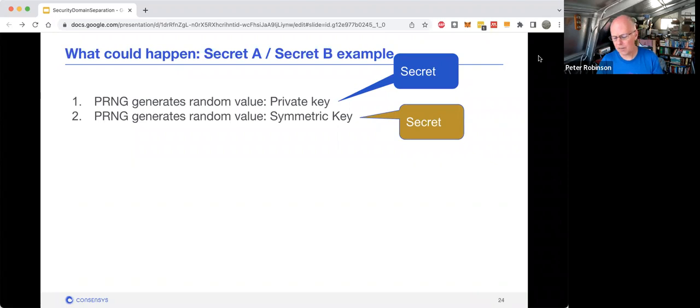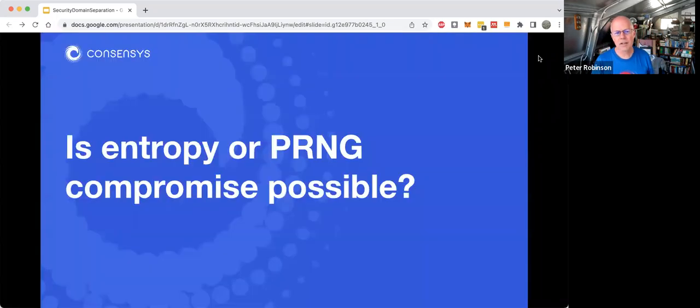If they know there's some symmetric key that is generated after that private key, now that they have access to that private key, they can infer the value of that symmetric key and then decrypt the data used by that symmetric key. So you can have cross-contamination even between secret areas, secret domains.